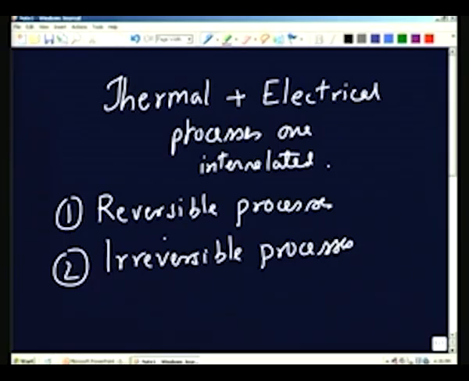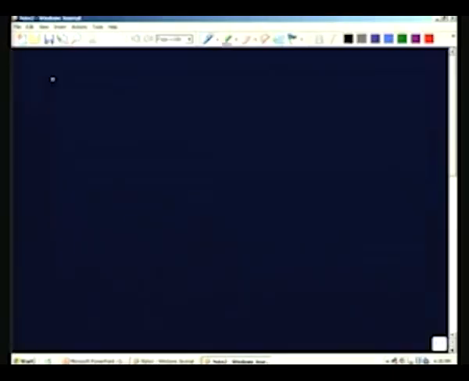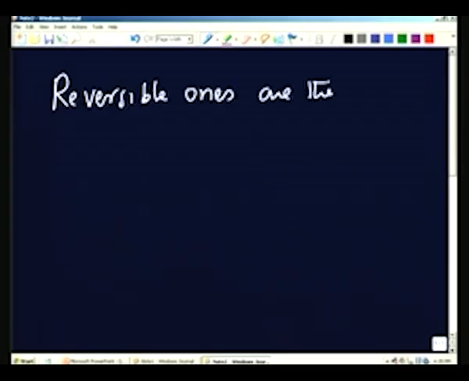Let me recapitulate the reversible processes. The reversible processes are the 3 effects I talked about earlier. So, the reversible ones are the Seebeck, Peltier and Thomson effects.